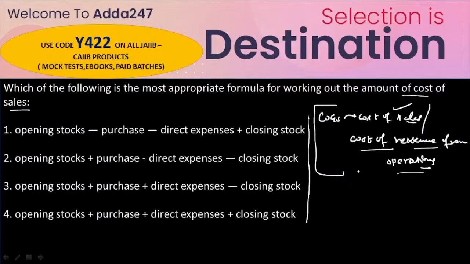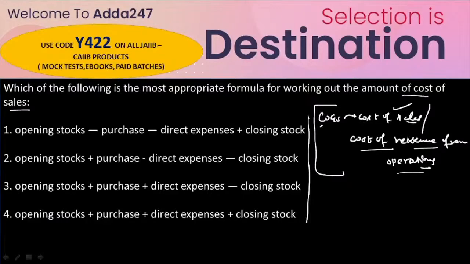The amount includes the cost of the materials and the labor which is directly used to create the good. Most importantly, it excludes all the indirect expenses, which are not related to producing the goods.